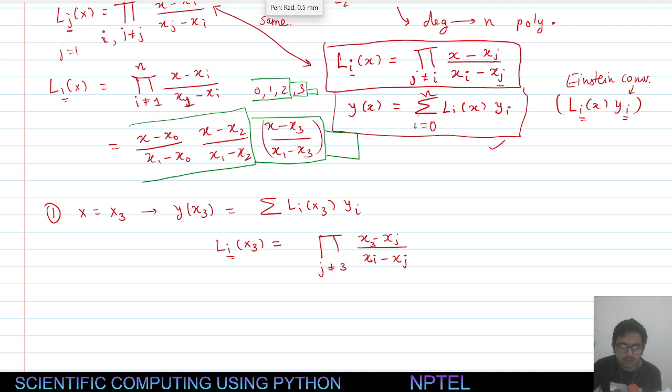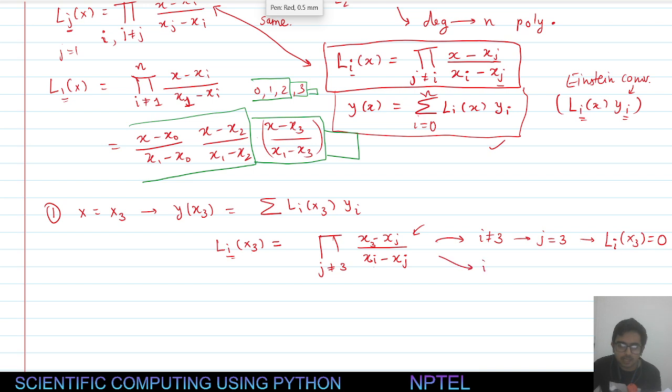And now let's say for i not equal to 3, j can take the value of 3, right? And that will give our numerator as 0, which means Li of x3 will become 0.